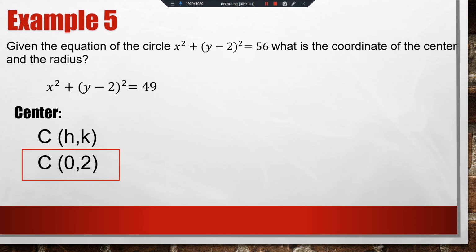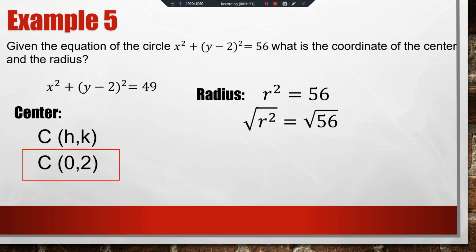And for the radius, take note its r squared is equal to 56. The r squared is the 56. So you get its square root. So the square root of 56 is not a perfect square.